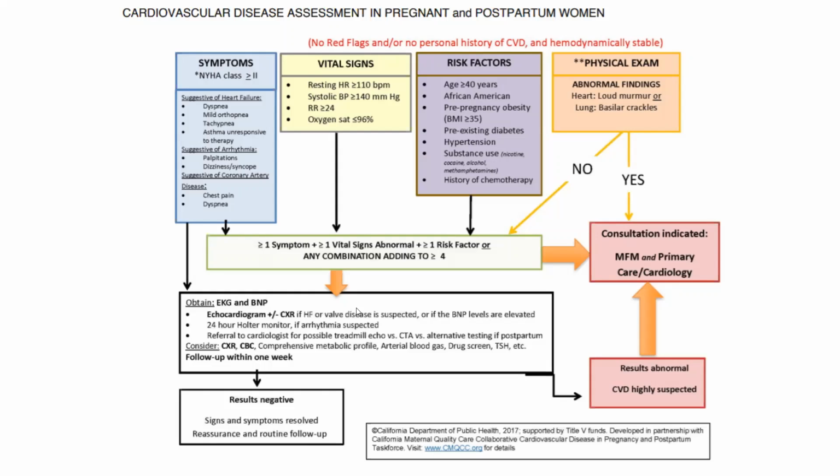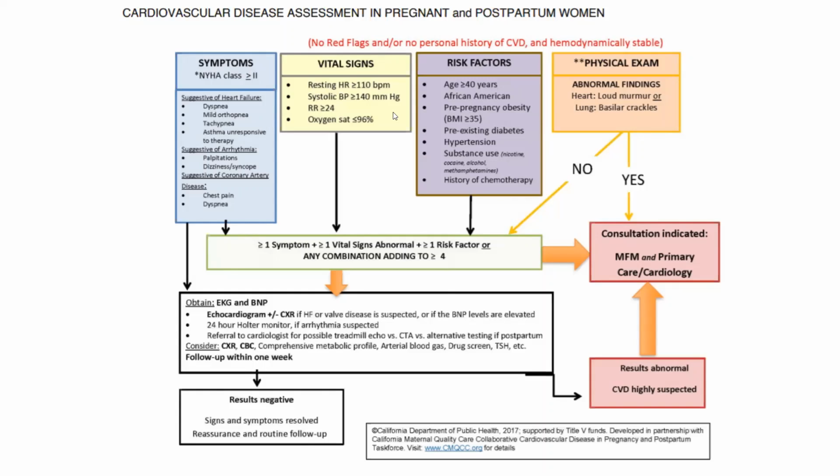It says that they need to have one or more of the symptoms, one or more abnormal vital signs, one or more risk factors, or any combination of these adding up to 4. So if we just simply look at our risk factors, we have a patient who's maybe over 40 years old, 42 years old. She's African-American, and she is obese prior to pregnancy.